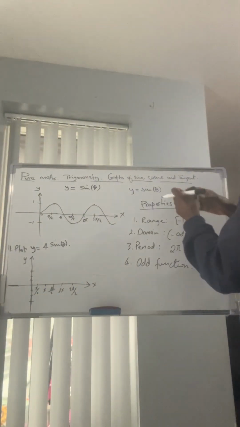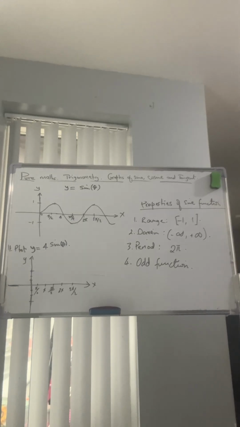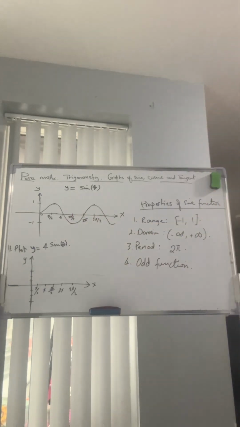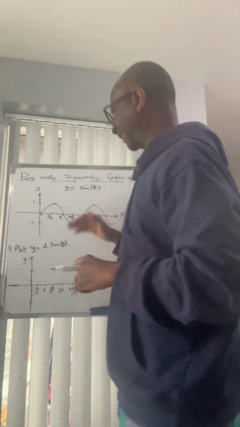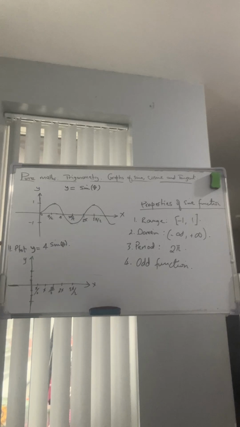When you have some problems, they might specify your domain. You will come across those problems, but for now let's start from the simple ones. This is the graph of y equals sine theta.